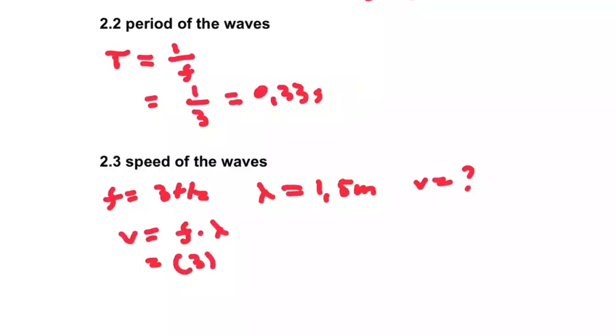Frequency is 3 hertz, wavelength is 1.5, and this will give us 4.5. So there we go. Our wave speed is 4.5 meters per second. And there we go. We have the frequency, period, and speed of the waves.